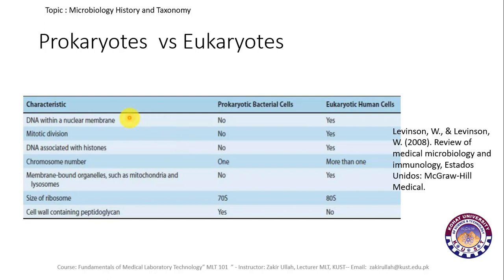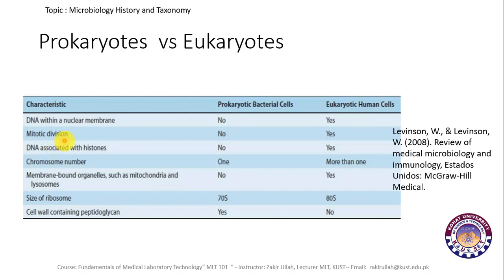The first characteristic is the DNA. The DNA within a nuclear membrane is present in the eukaryote, but in prokaryotes the genetic material is not enclosed within a nuclear membrane.